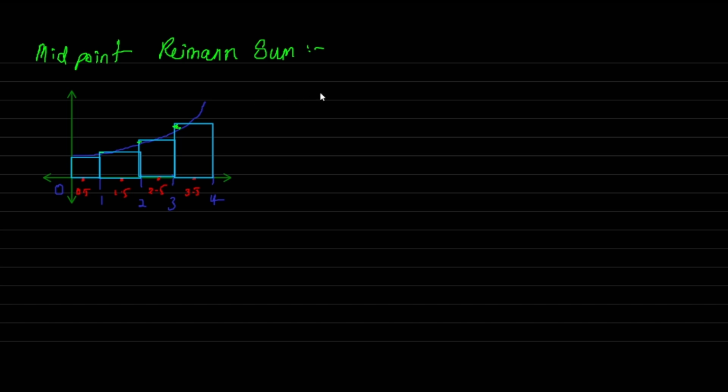So in this case, delta x again is equal to 1, and the heights of the rectangles are the midpoints, remember? So in this case, the area will be f of 0.5 times 1 plus f of 1.5 times 1 plus f of 2.5 times 1 plus f of 3.5 times 1.